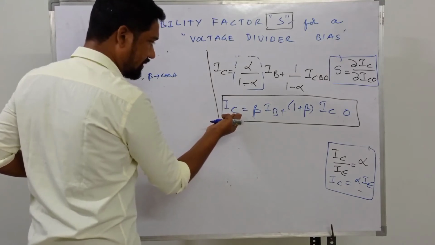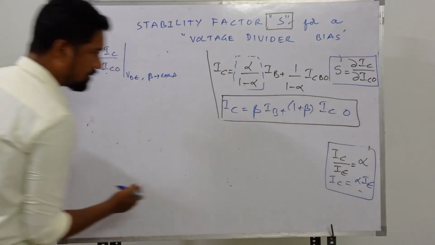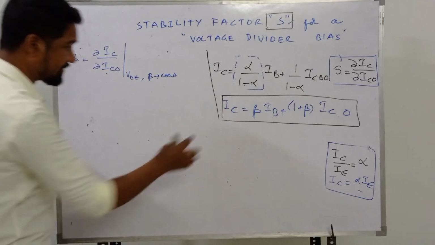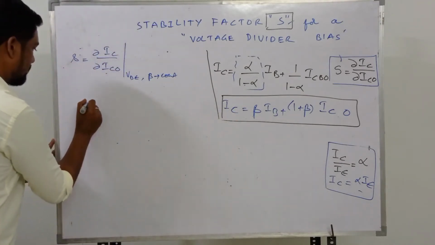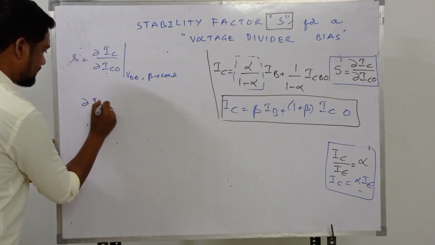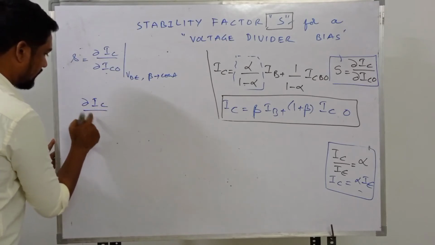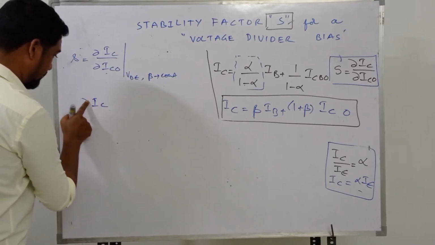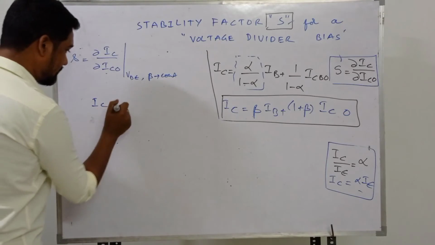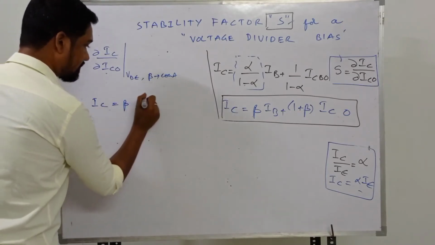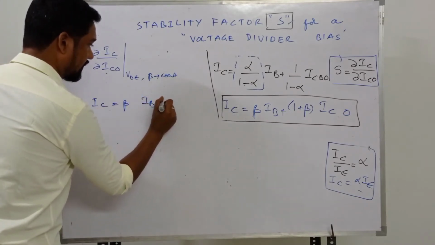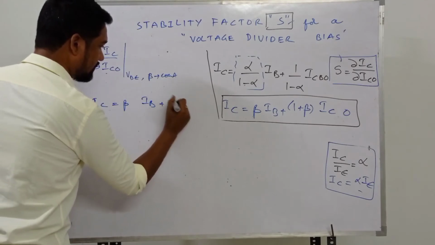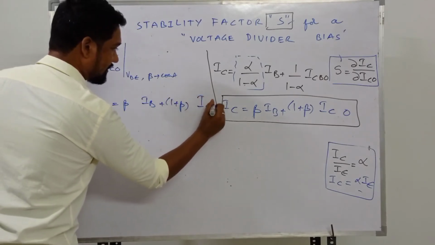Differentiating the entire expression with respect to IC, the first derivative of IC of this expression. So here, ∂IC by ∂IC, what do you say in mathematics? It's IC is equal to beta IB plus (1 plus beta) ICO, isn't it?